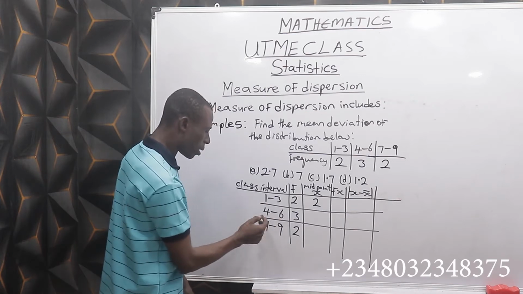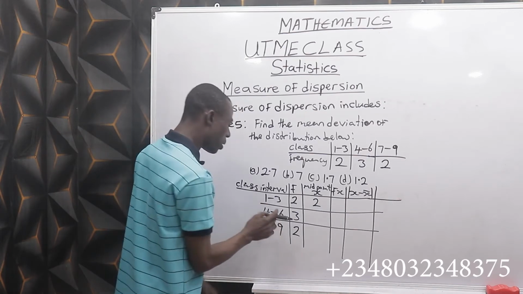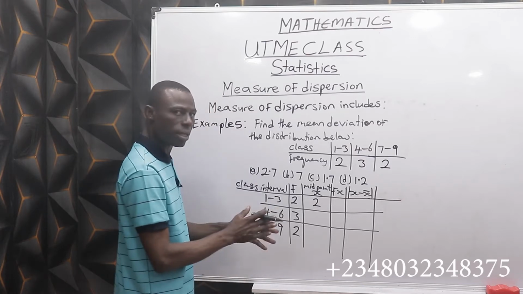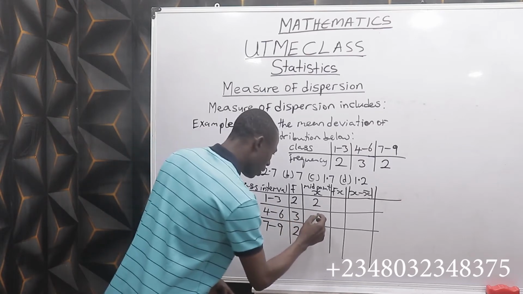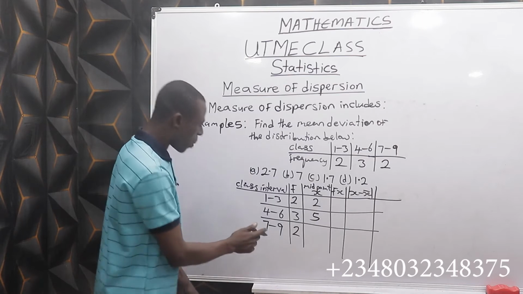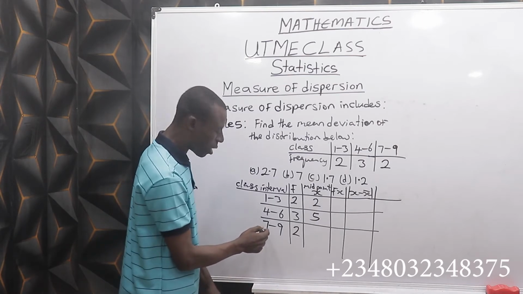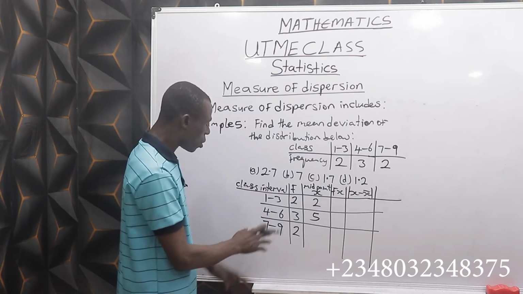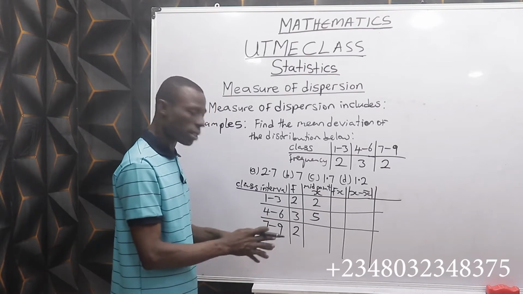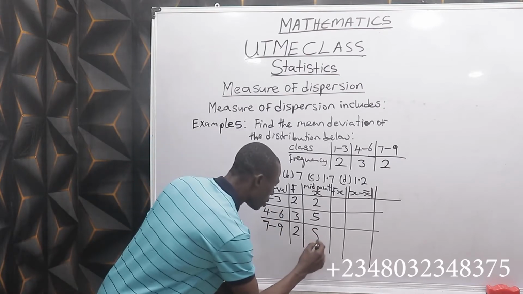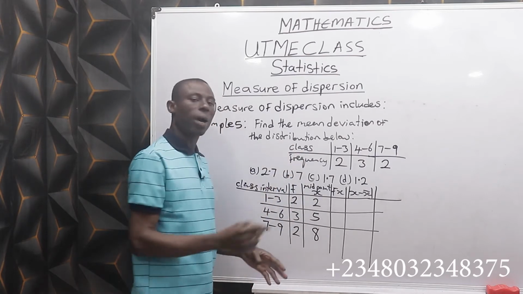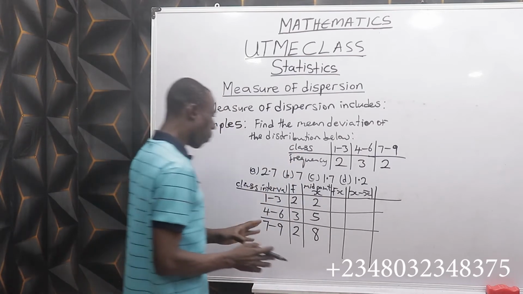Find the mean of this next class interval 4 to 6. That means 4 plus 6 is 10, divided by 2, that is 5. The mean of this class interval 7 to 9 is 7 plus 9, which is 16, divided by 2, 8. This will represent our x value for operation.